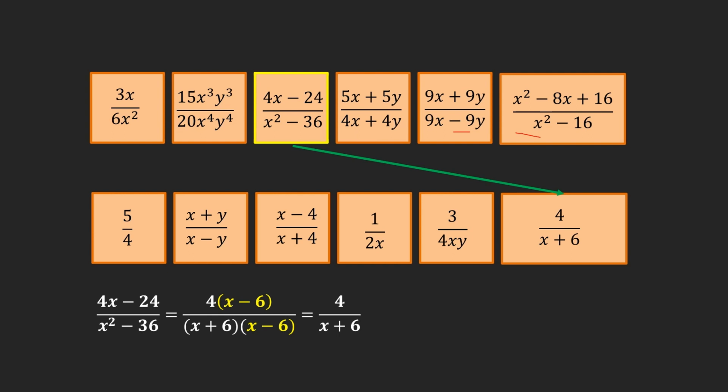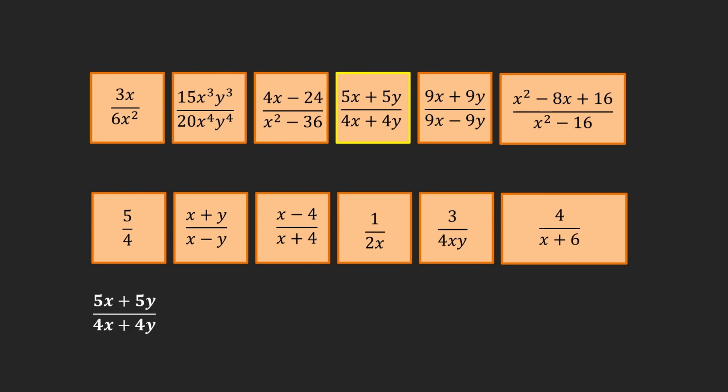Alright, so here are the answers for the remaining 3 boxes. We have 5x plus 5y over 4x plus 4y is just equal to 5 over 4. 9x plus 9y over 9x minus 9y is equal to x plus y over x minus y.